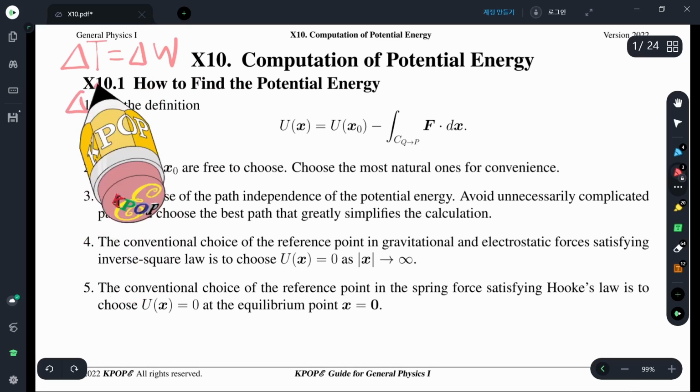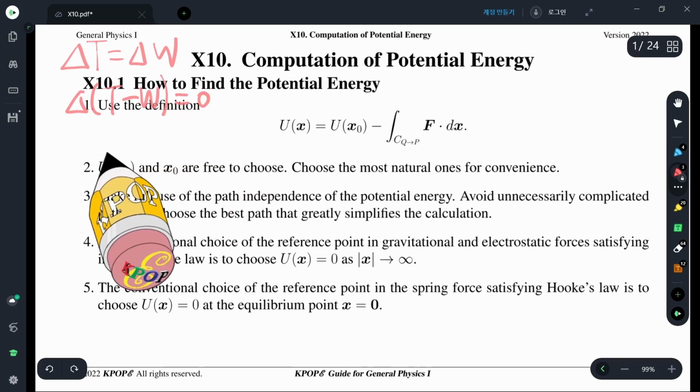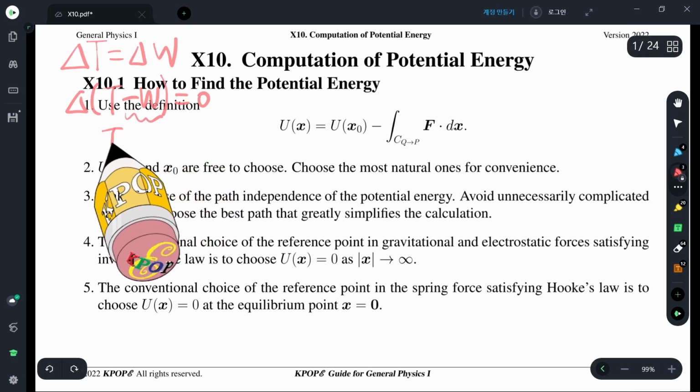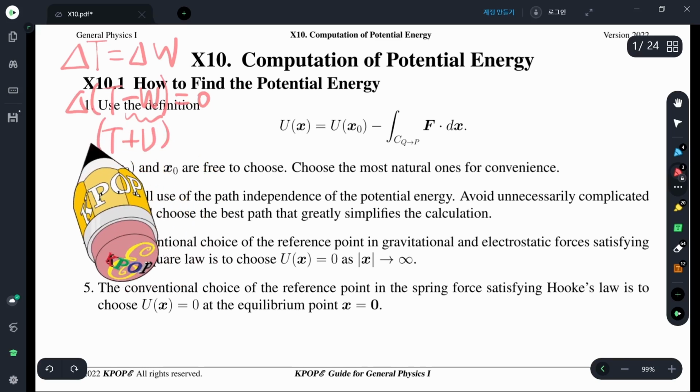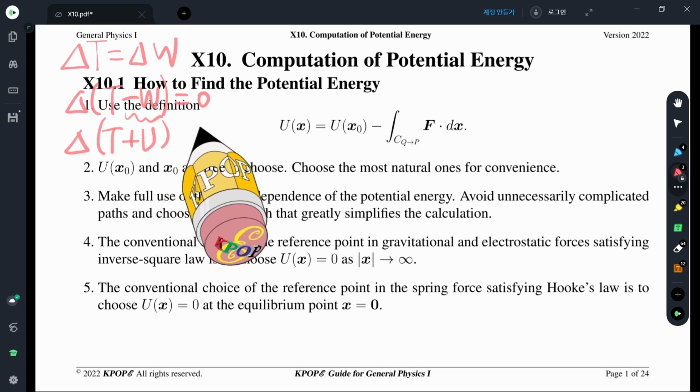So kinetic energy minus the work is invariant. This is the reason why we define the potential energy to be the minus work done by the force.